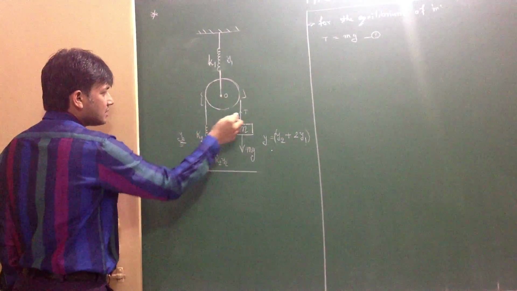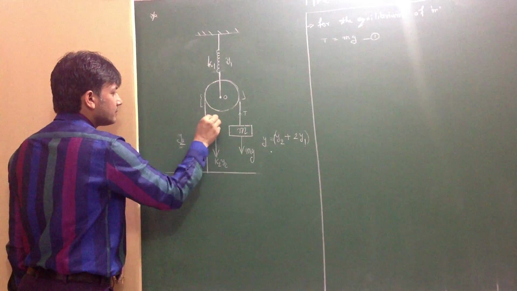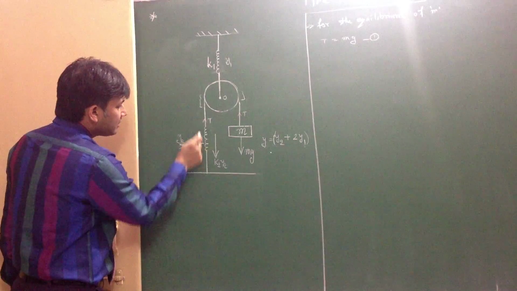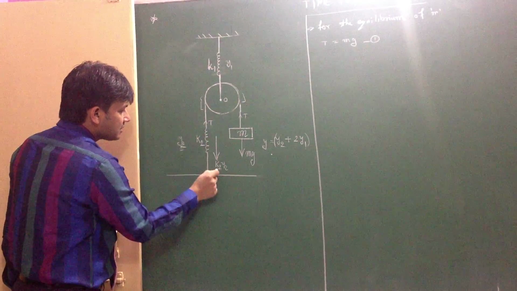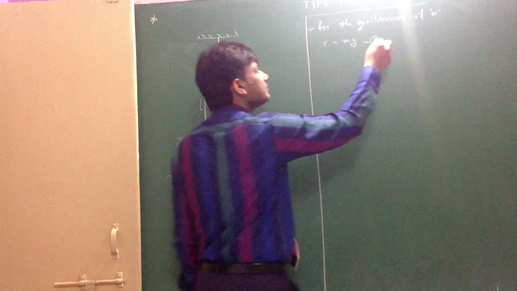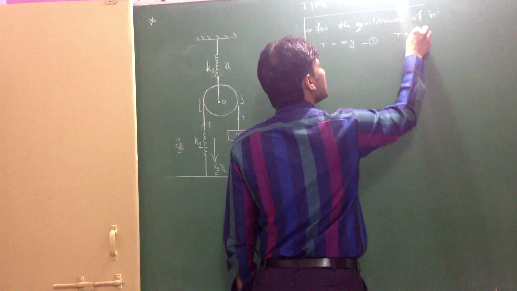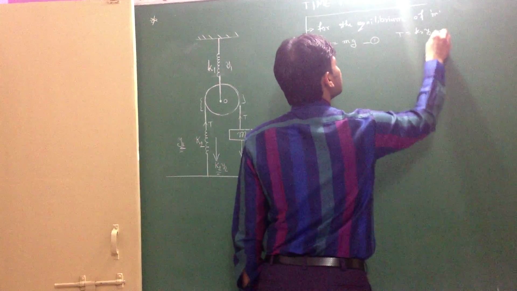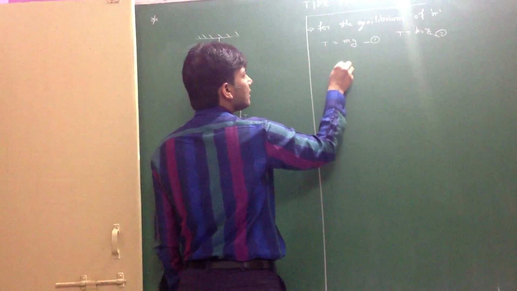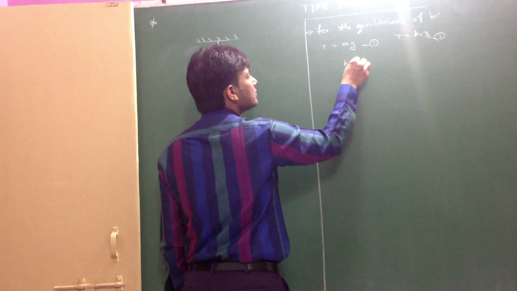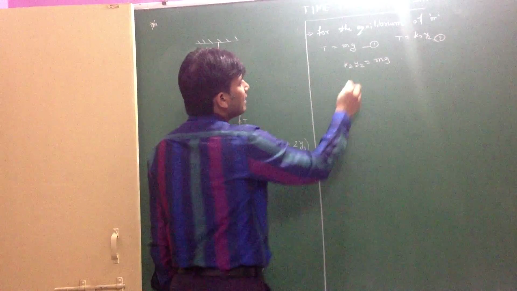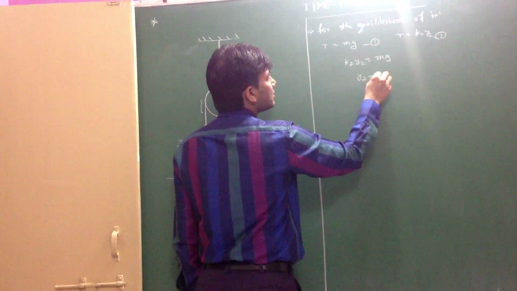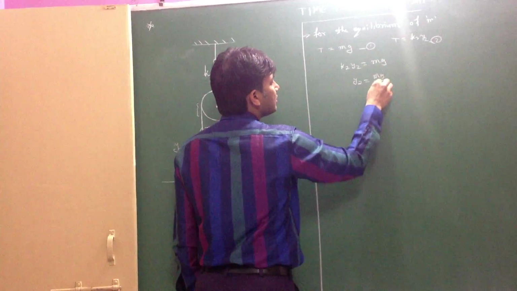Again, this T, the same tension, has extended the length of this spring. So this T is nothing but this restoring force. This T is K2y2. So by equating these two, I will get K2y2 is equal to mg. So y2 is equal to mg upon K2.